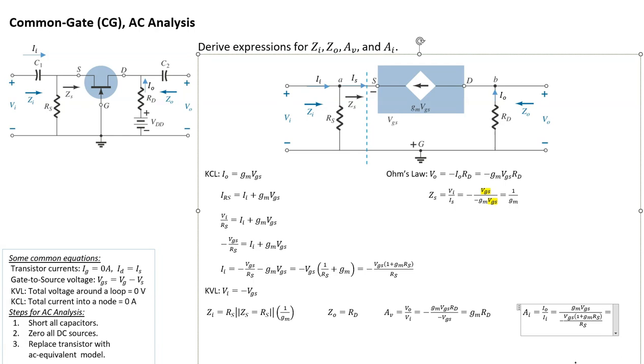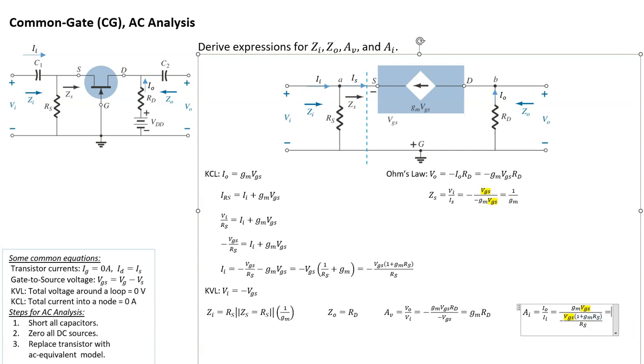So obviously a few things cancel out. VGS, well, actually only VGS cancels out. Leaving, so there's a negative here, and an RS goes up. I think I'm going to need a bit of space here.